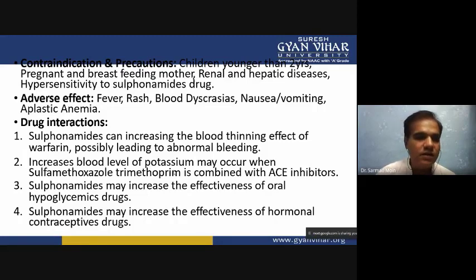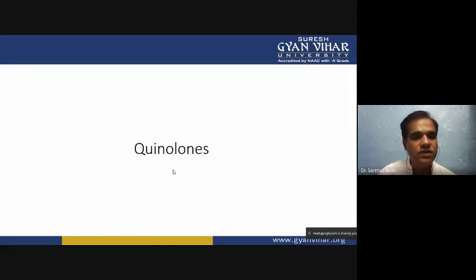See, if antibiotic A causes a side effect on blood pressure, and we give another antibiotic with the same side effect, both will combine and the effect will be more. So always avoid antibiotics having the same type of side effect.